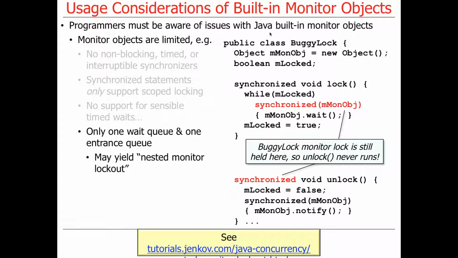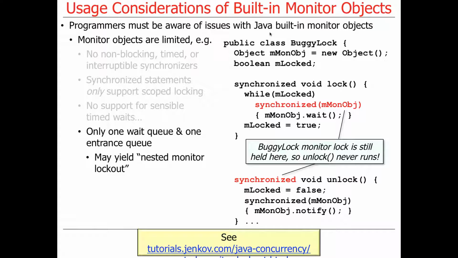So here we have a class called buggy lock, and inside of it, it has an object, which we're going to call monobj. We could call it whatever we wanted to. And then we have a Boolean that says whether we're locked or not. So here's the lock mechanism. The lock mechanism, which is a synchronized method, comes in here, and it says while locked, in other words, while this thing is true, while we're locked, we're going to go ahead and synchronize on monobj, and then we're going to call wait.